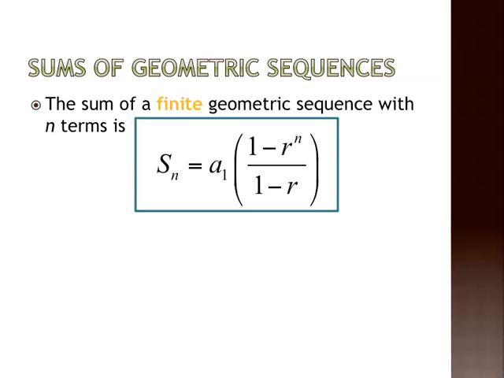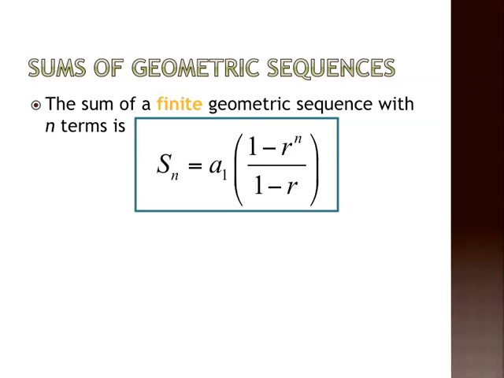So remember, the capital S sub n means the sum of the first n terms. Okay, so the sum of the first n terms is equal to a sub 1, the first term, and then in parentheses we have 1 minus r to the n, and in the denominator we have 1 minus r.